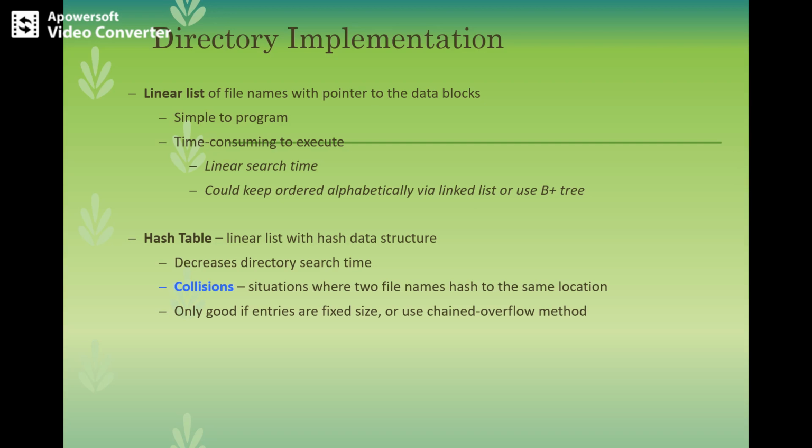The simplest method of implementing a directory is to use a linear list of file names with pointers to the data blocks. A linear list of directory entries requires a linear search to find a particular entry, and this method is simple to program because we can directly search, and the entries are in order, maybe in increasing order.